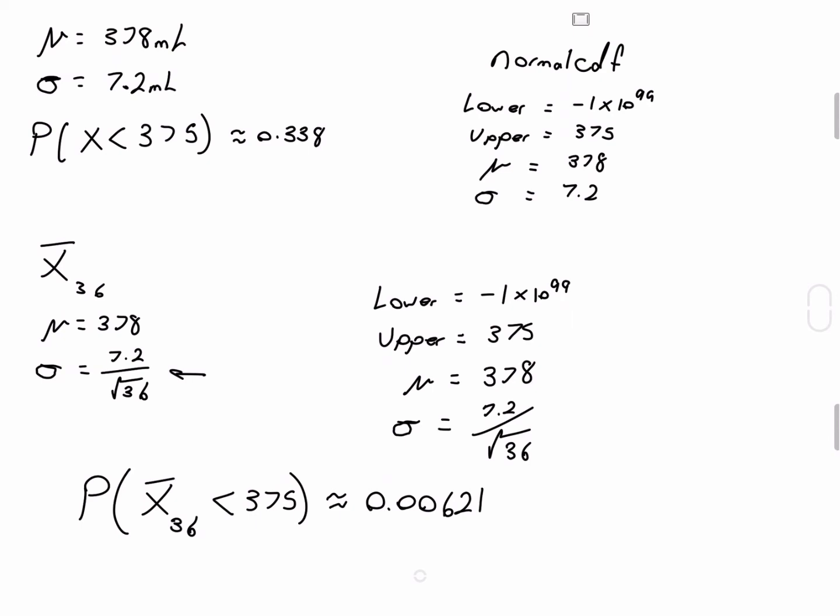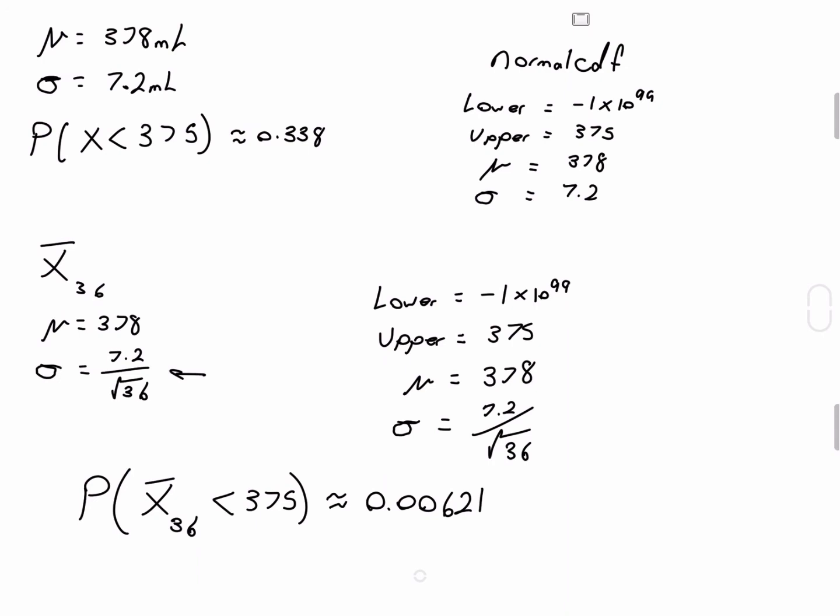So there's approximately a 0.6% chance of getting a box of 36 cans with average contents less than 375 millilitres per can, compared with a 33.8% chance of an individual can having contents less than 375 millilitres.